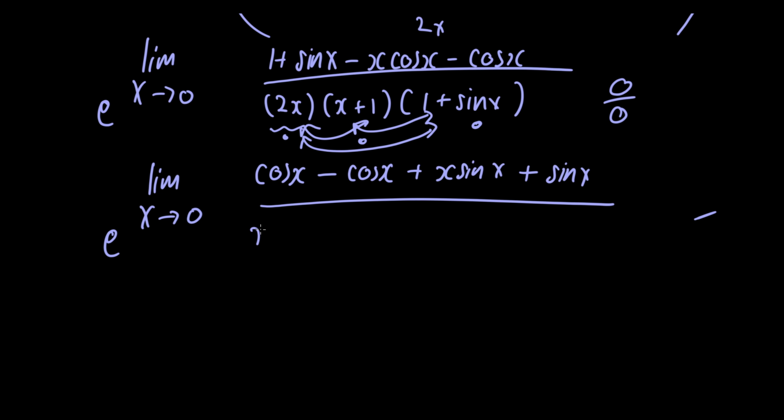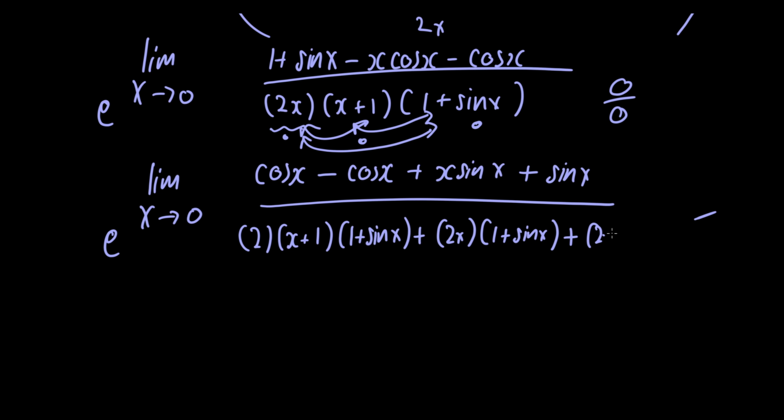So we're going to have 2 multiplied by (x + 1) multiplied by (1 + sin x), plus 2x multiplied by (1 + sin x), plus 2x times (x + 1) times cosine of x.